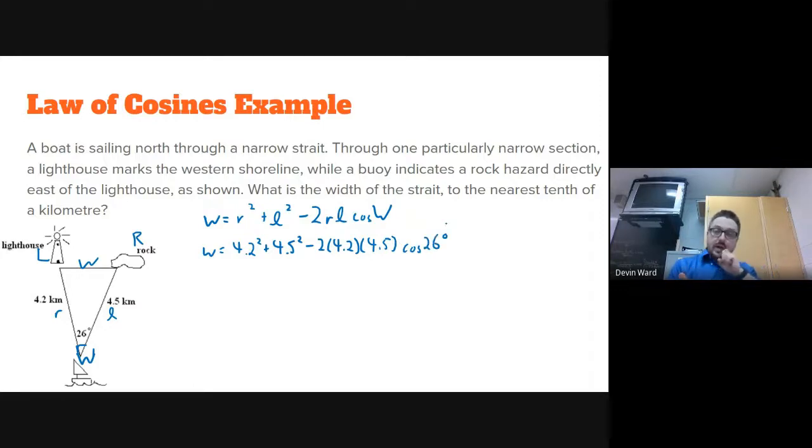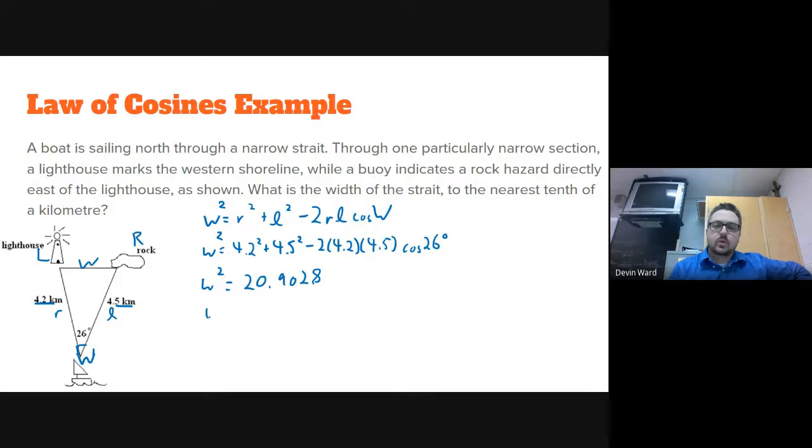Really, we need to use cosine law here, and all you have are two lengths and one angle. So the two lengths have to go here and here, and the one angle has to go here. You don't have any other options. Okay? I'm sorry, this is W squared. So W squared, you simplify all that, 20.9028.